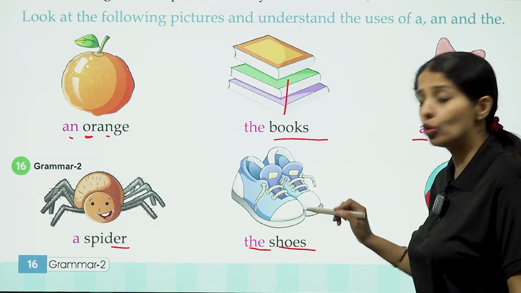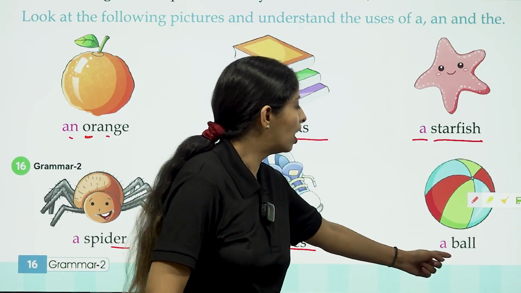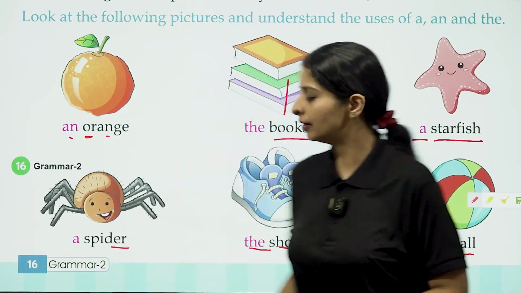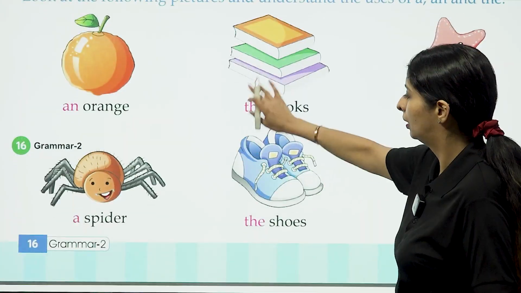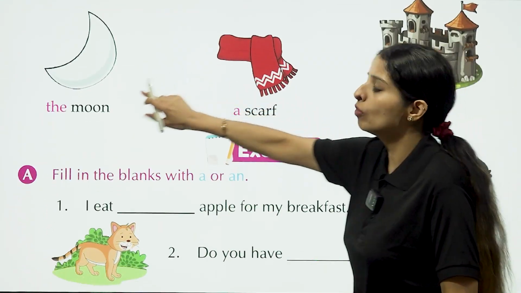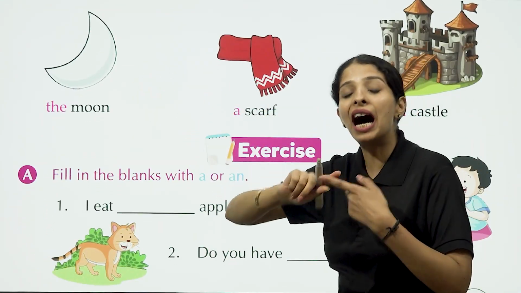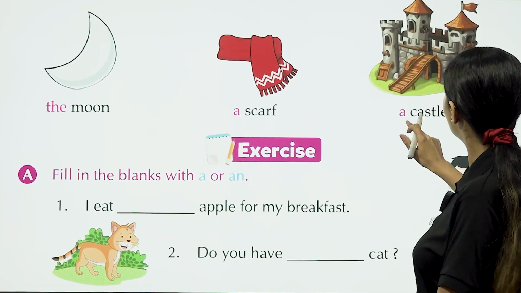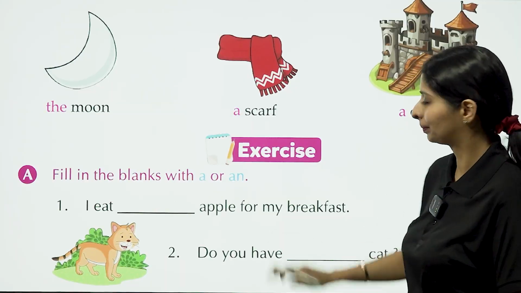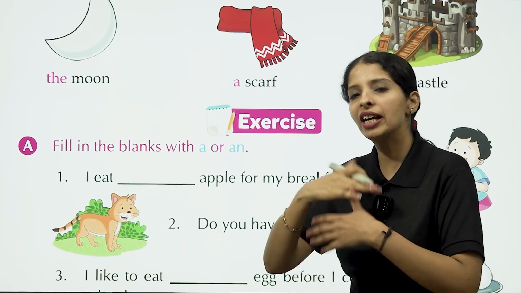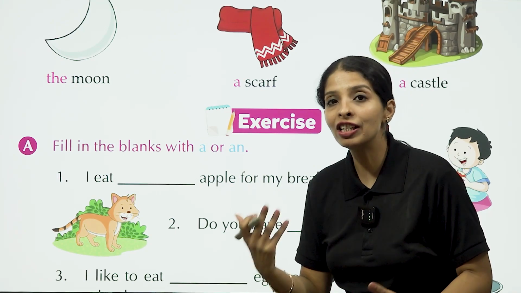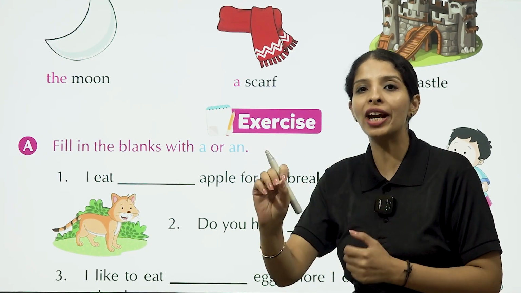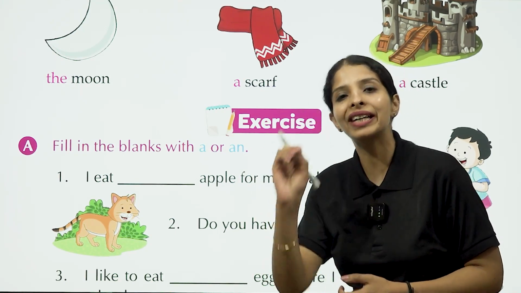The shoes, plural. Ball. Now moon is one of its kind, so the moon. A scarf, a castle, not an castle. It is not starting with a vowel sound. This is a consonant sound, so you will write a castle.